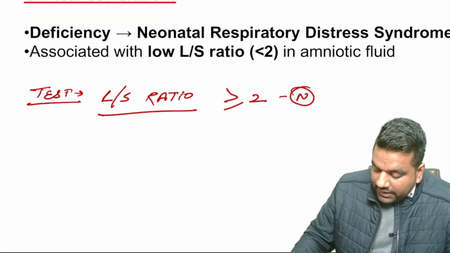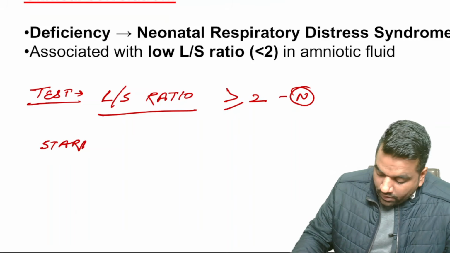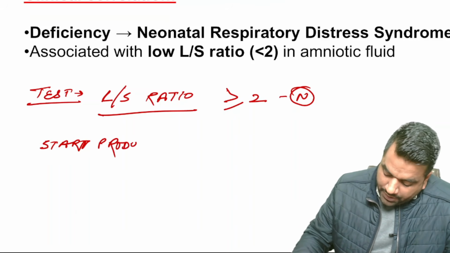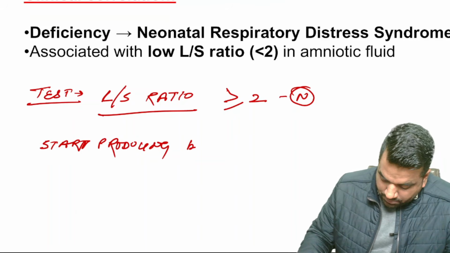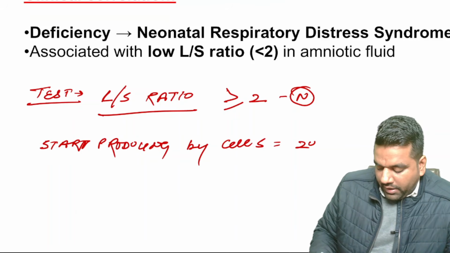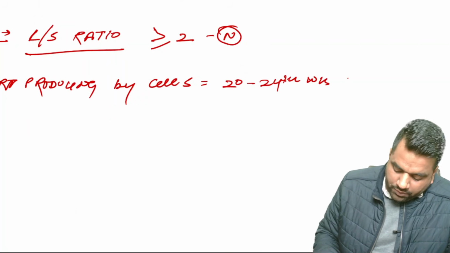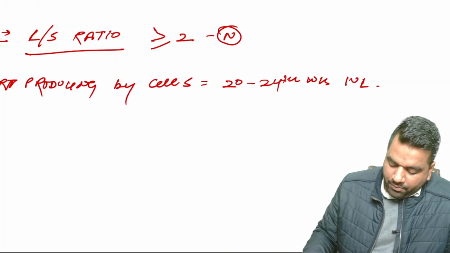A question can be asked: when does the surfactant start being produced by cells? The answer is the 20th to 24th week of intrauterine life.